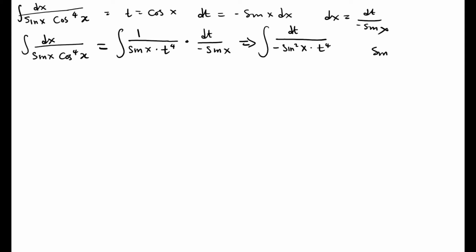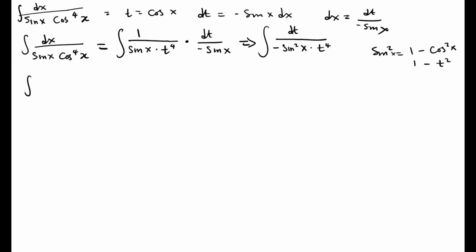Now we know sine squared is equal to 1 minus cos squared x, and we know that cos is t, so this is the same as 1 minus t squared.